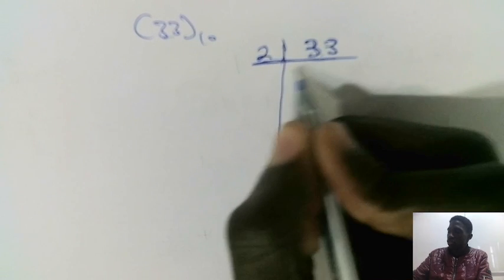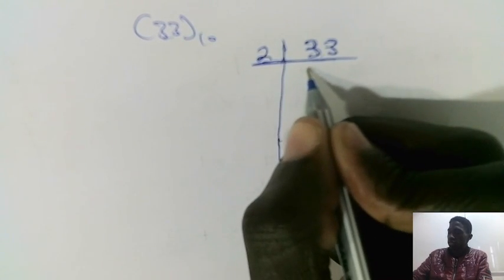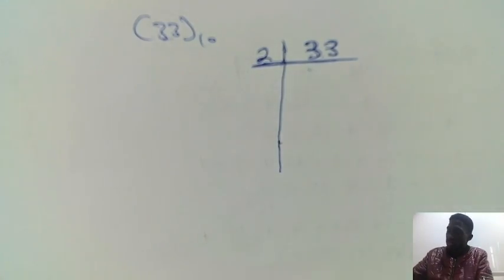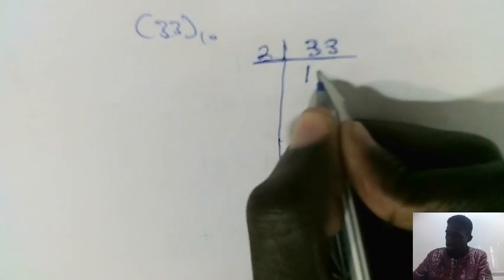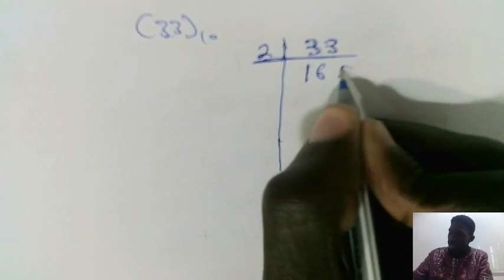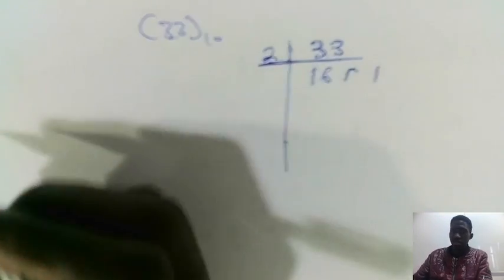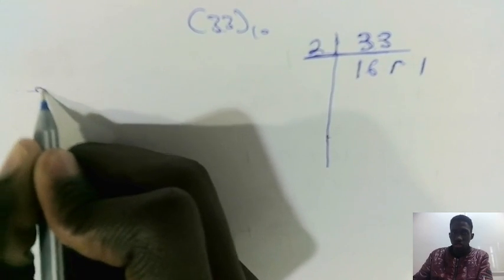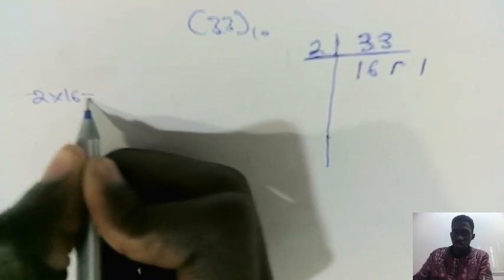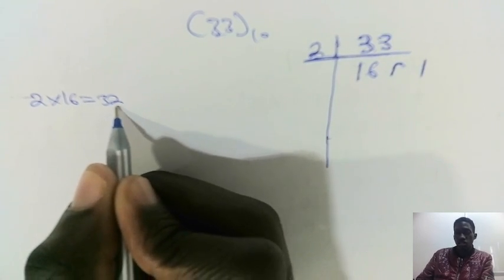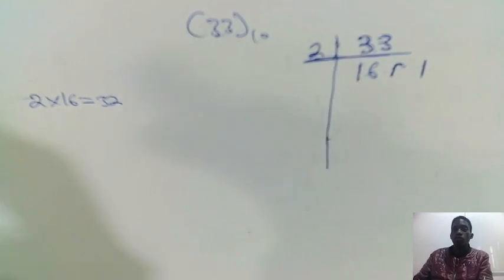Now, 33 divided by 2 is 16, and then you have a remainder of 1, because 2 times 16 is 32, and that's 1 off from 33.